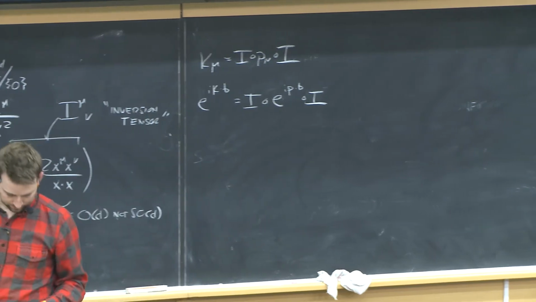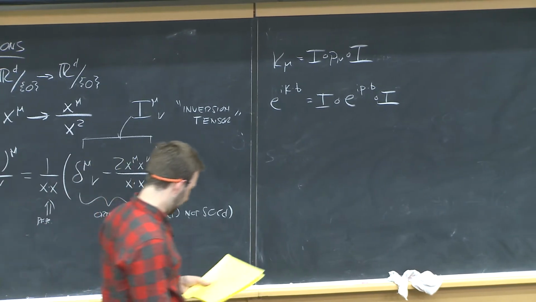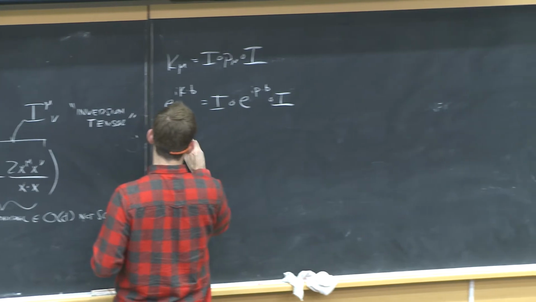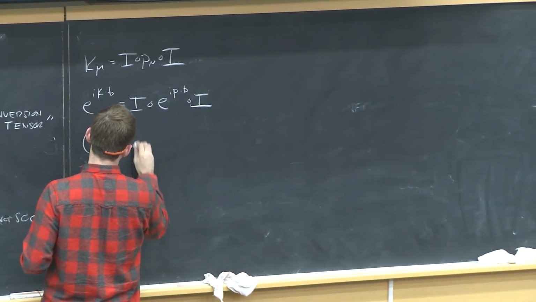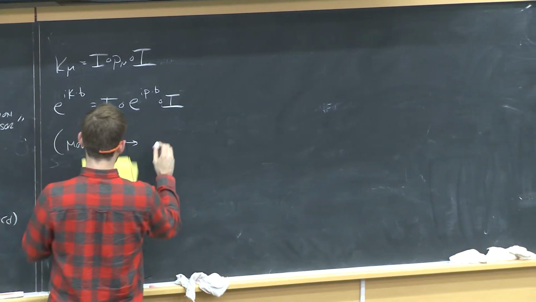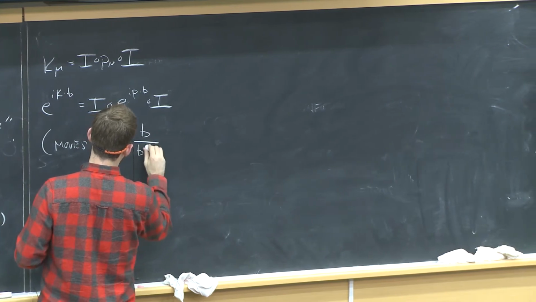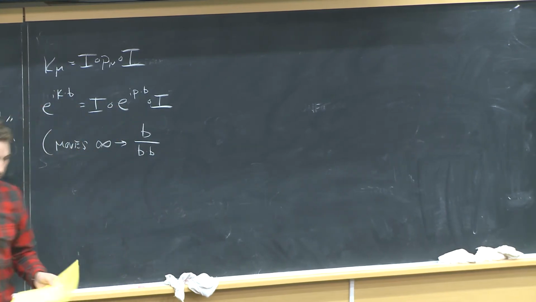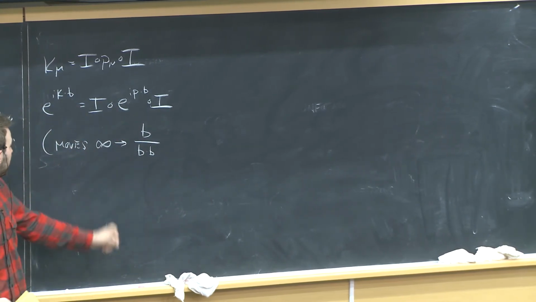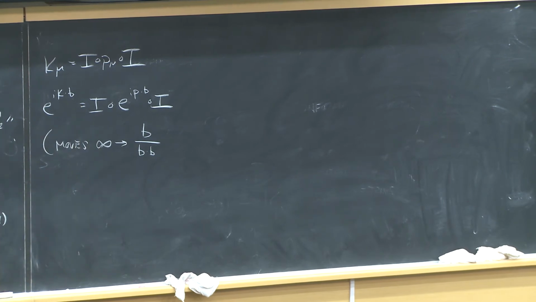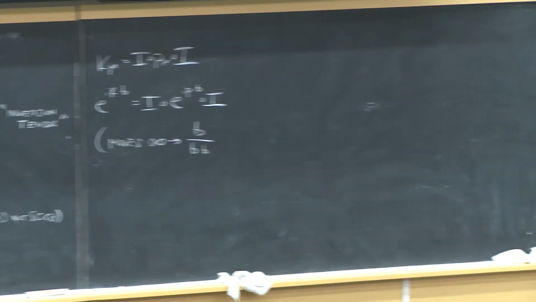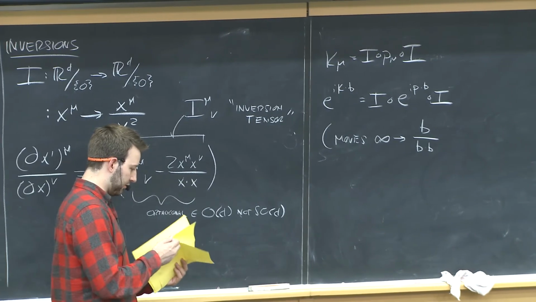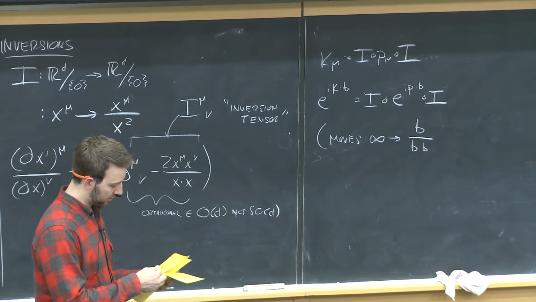In particular, you can see that it moves the point at infinity to the point b over the norm of b squared. Yeah. Okay. Questions at this point?